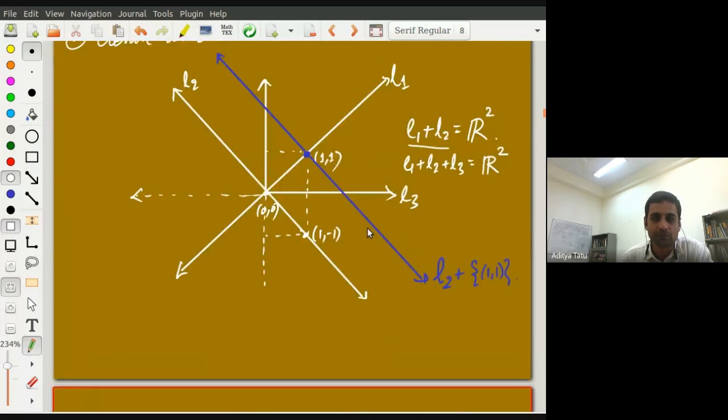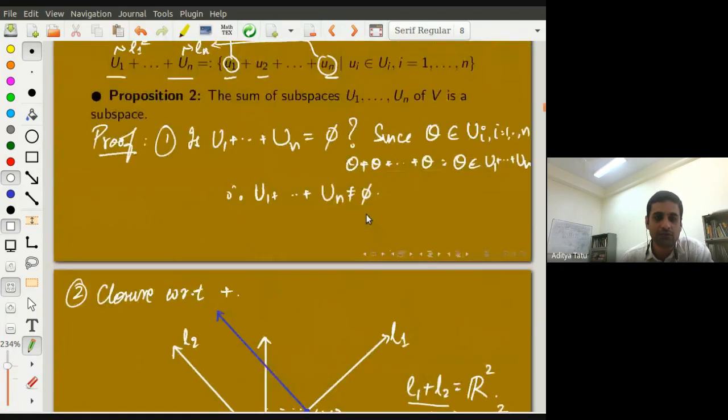All you have to do, to show that the sum of subspaces is closed with respect to vector addition, is take two elements from this set and show that the addition of those two elements also lies in the sum of subspaces. Is that okay, or do you want me to write the proof?